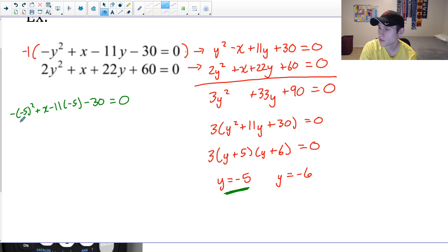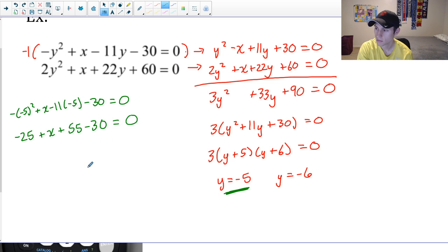Negative 5 squared is 25, but then there's the negative in front, so negative 25. Negative 11 times negative 5 would be plus 55. And minus 30 equals 0. All right, so negative 25 plus 55 minus 30, that would be 0. So I just get x equals 0, I believe, assuming I did everything correct.